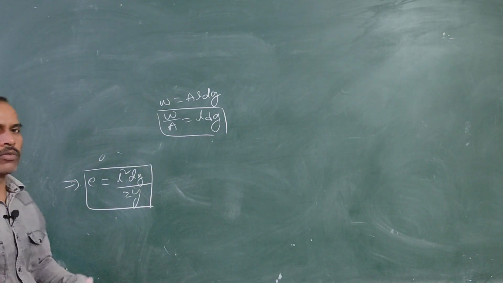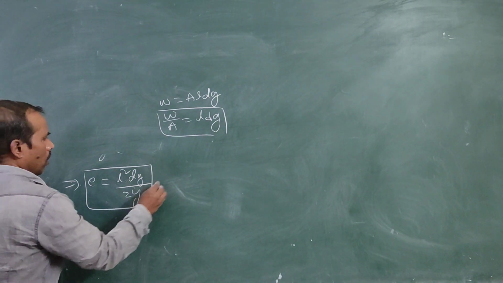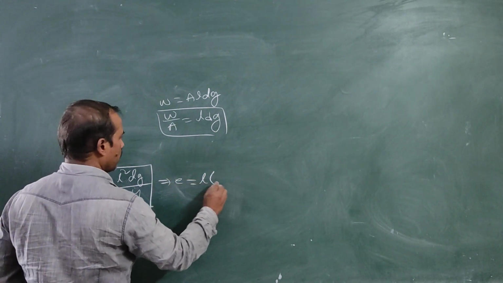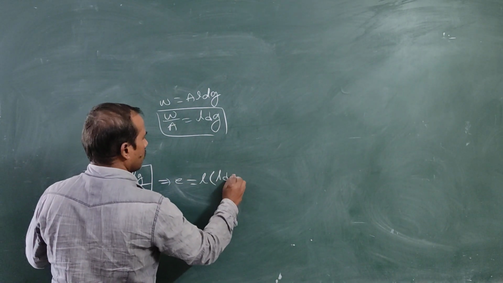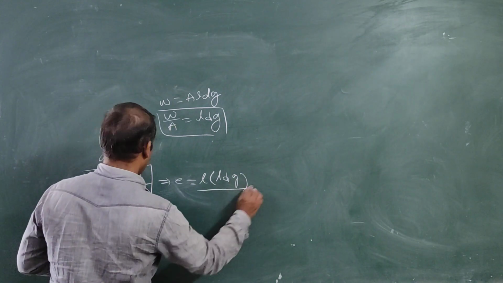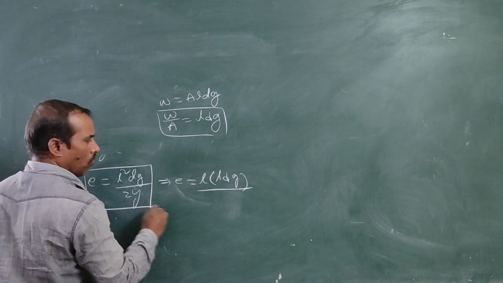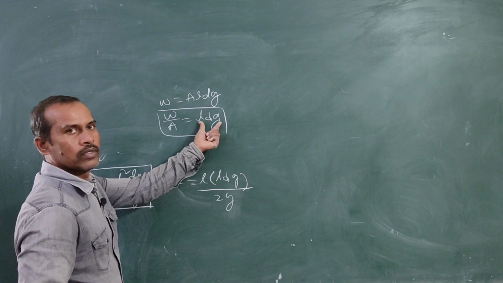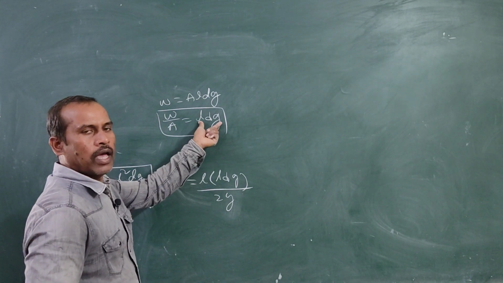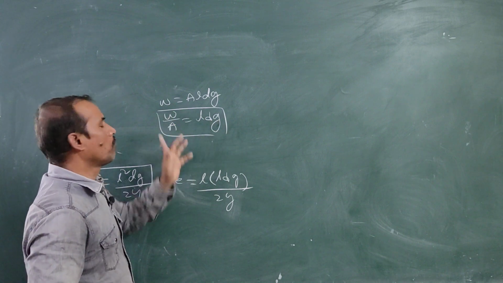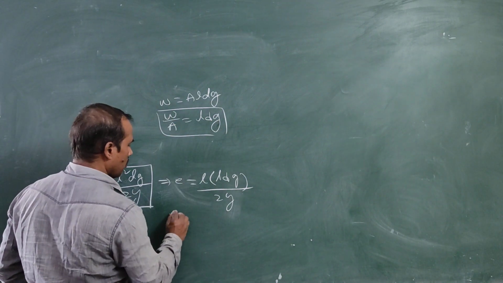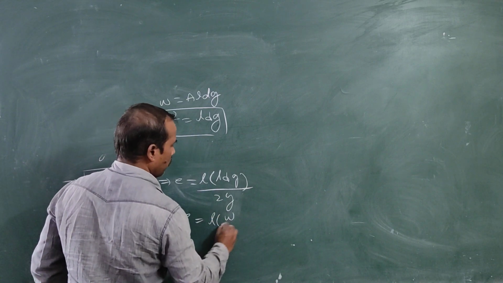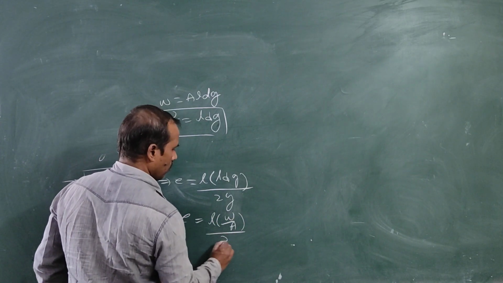Now simplifying, E is equal to L into LDG by 2Y, but LDG, that is length times density times acceleration due to gravity, is equal to W by A. So E is equal to L into W by A by 2Y.